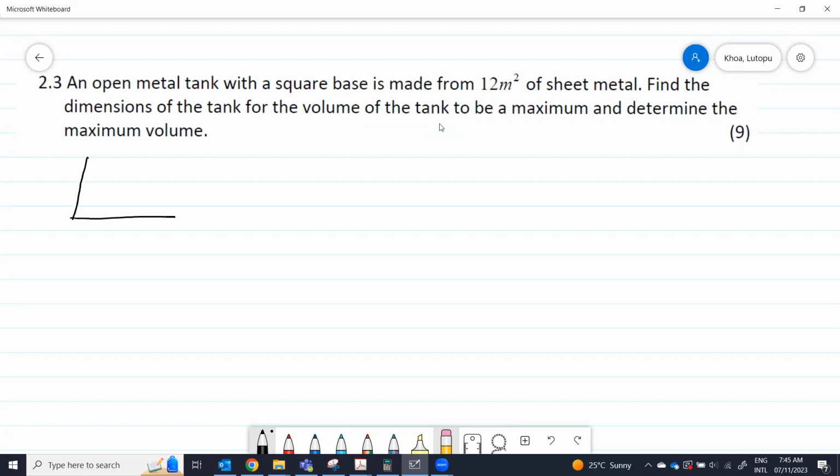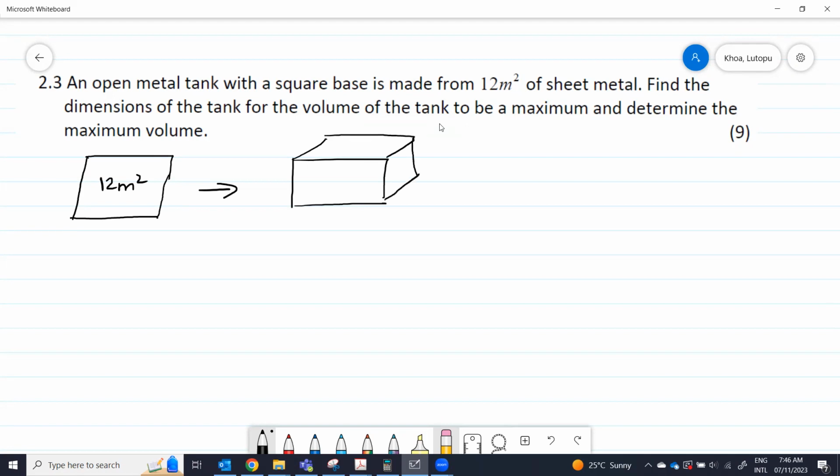So you have a sheet of metal like this, and this is 12 meters squared. So you are going to fold it and make a tank that looks something like this. Okay, so this is the tank that you are going to make.